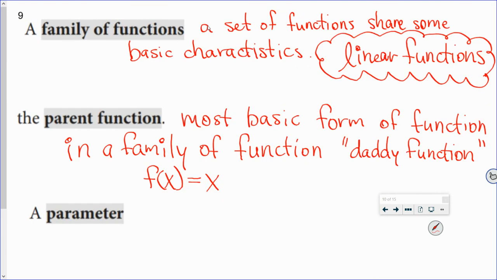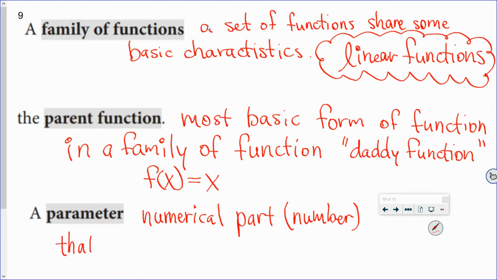So a parameter is that, and I'm going to make a little less of a mathematical definition because on the next slide you have a real mathematical one. It's the numerical part, or the numbers, that causes the variation from the parent function.